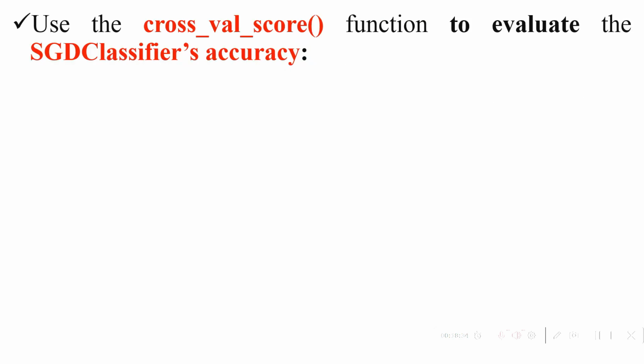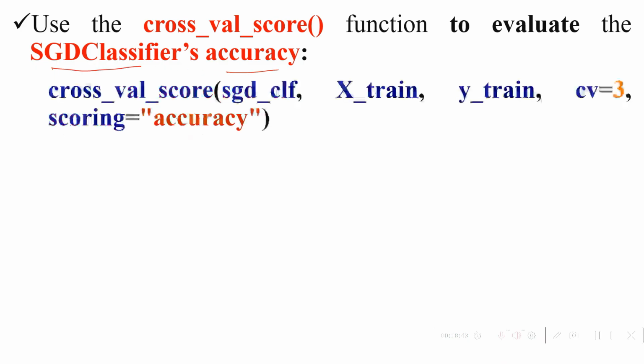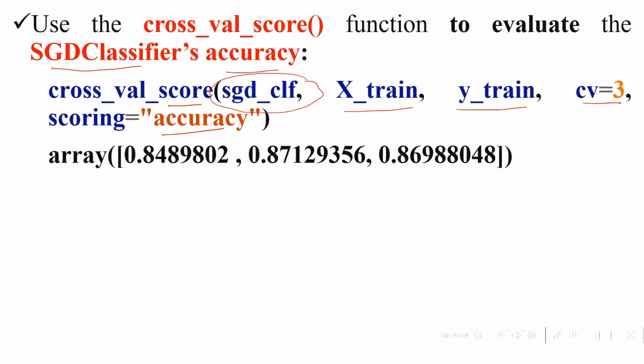Now we are going to use the cross_val_score function to evaluate the accuracy of the stochastic gradient classifier. We provide the parameters: the model, which is the stochastic gradient classifier, the training data X_train and y_train, cross validation equal to 3, and scoring based on accuracy.